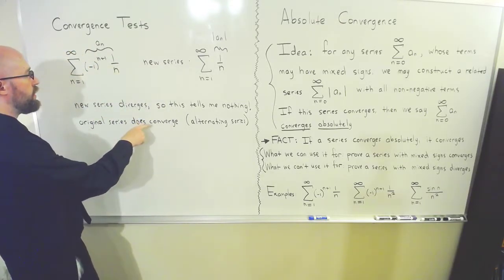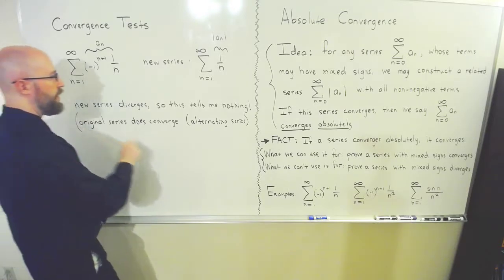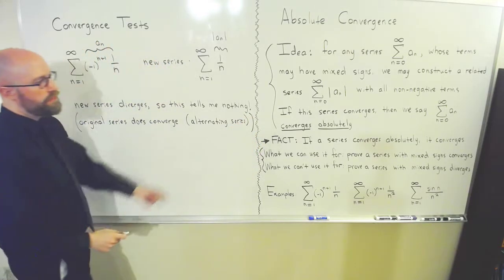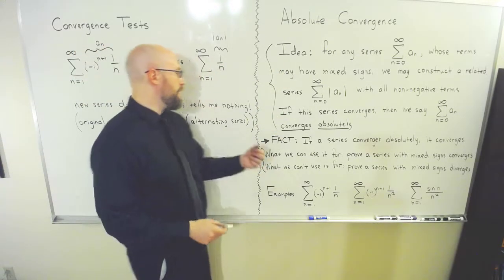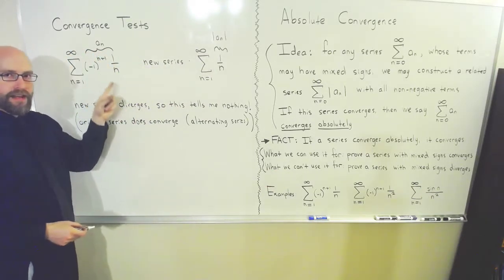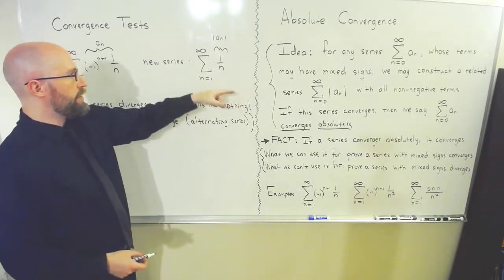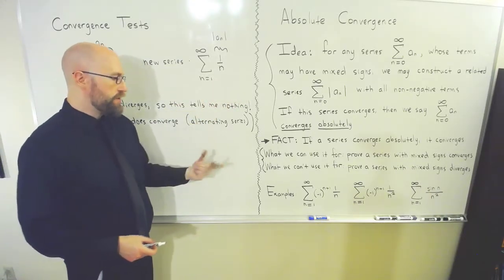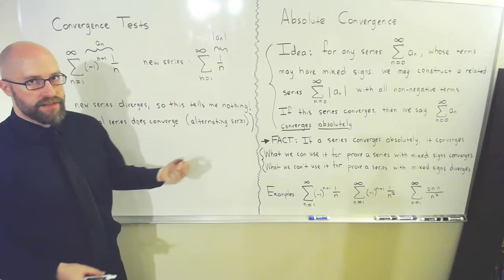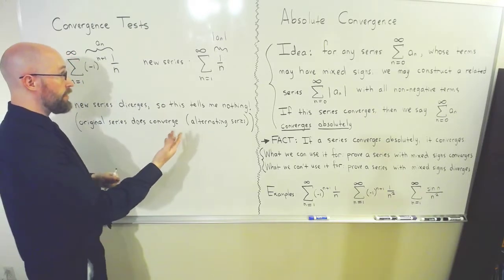But you couldn't conclude from this absolute convergence idea that this series converges. It does, but this particular approach to this series doesn't tell you whether it converges or not.